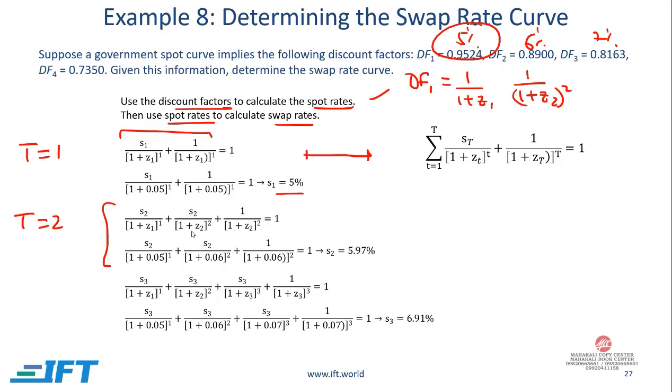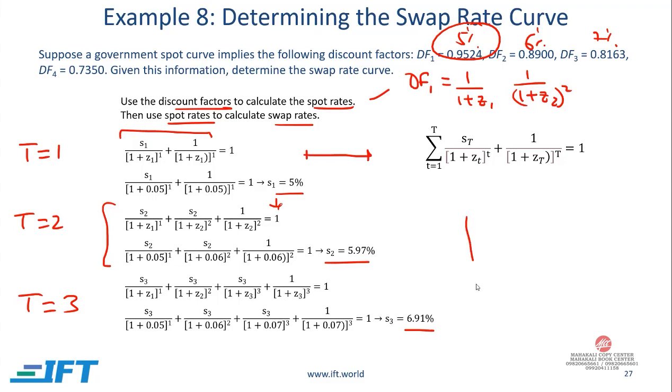This is the 2-year spot rate. And then the par value discounted at the 2-period spot rate. And this is always going to be 1 because the present value of the floater is equal to par. From this, we calculate S2 is 5.97, and then S3 is calculated the same way, that is 6.91. So this is for t equals 3.